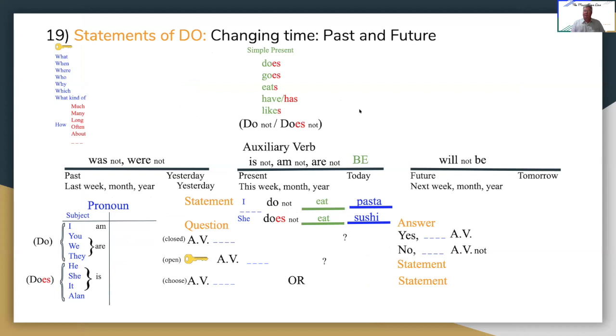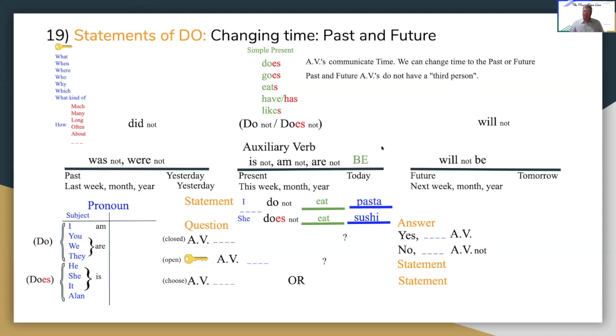Now, the next thing to do is to practice changing time. We can make our statements in the past time and the future time. So the auxiliary verbs communicate time. So if we change from do, we can change it to did or did not, or we can change it to the future, will or will not. Now the past and the future auxiliary verbs do not have a third person.